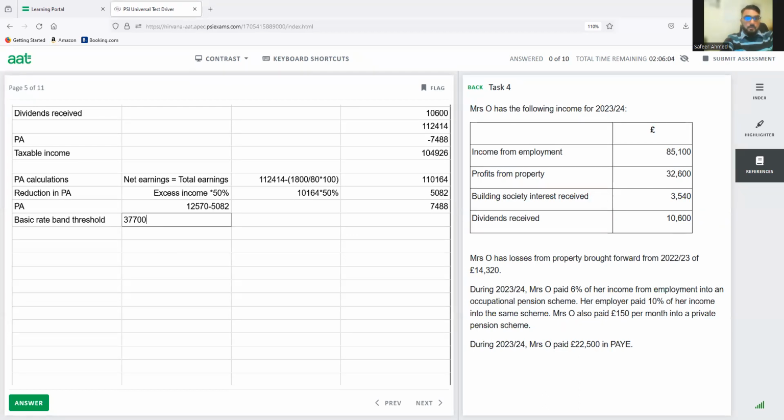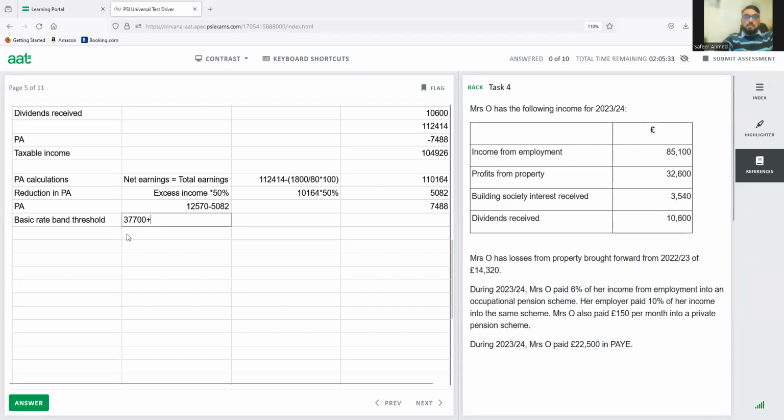So 37,700, and this is extended by the gross personal pension contribution. Employees' personal pension contributions will have two impacts on an income tax calculation question. One, if applicable, you will use it as part of the calculation of personal allowance available if someone's income is more than 100K, which, as you can see, we have used there.